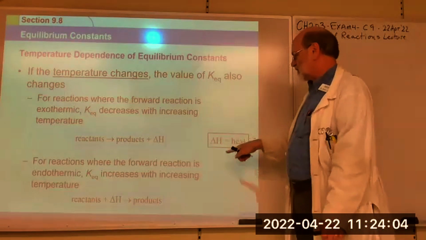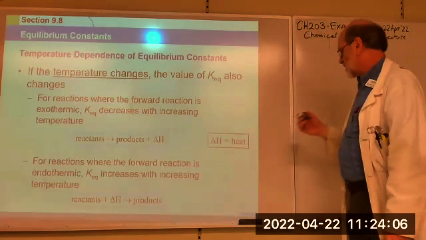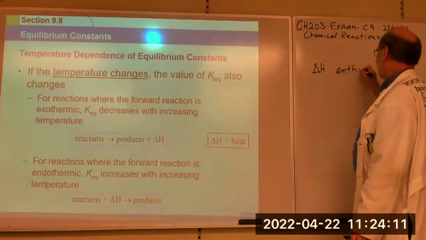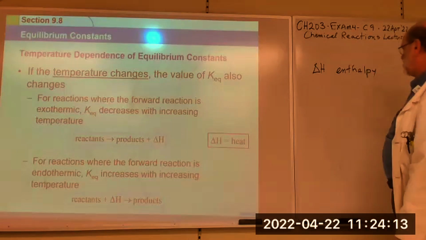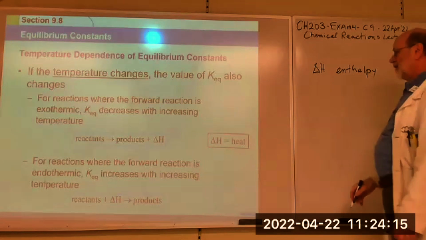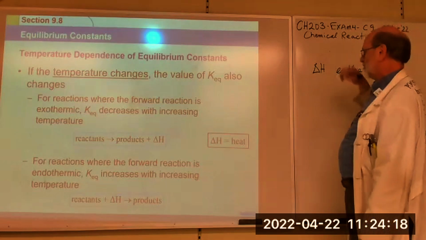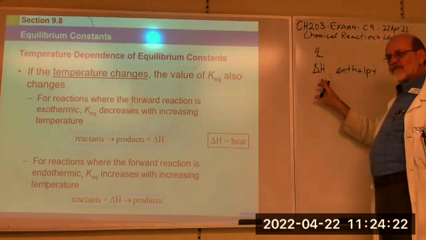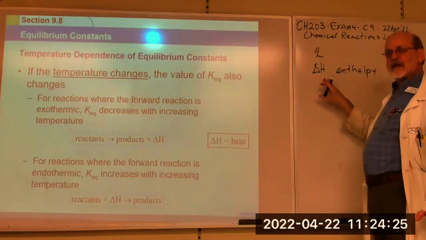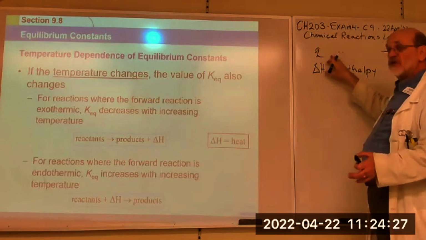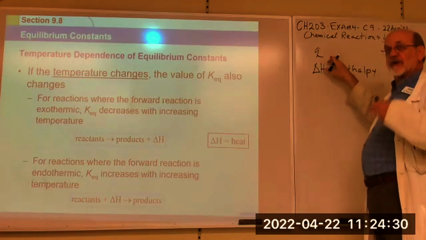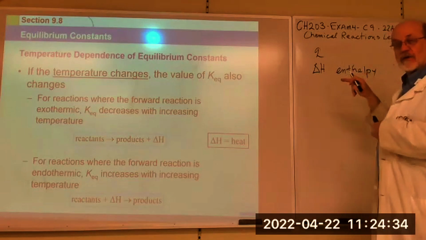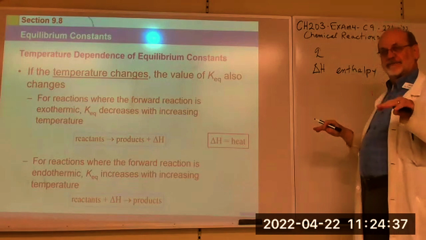Sometimes we use delta H instead of Q. Delta H is a term which stands for enthalpy. And we don't have time to go into the particulars about the difference between the two. Enthalpy is more of a potential of heat for a reaction, whereas Q is the actual heat transferred during a reaction. The only time that these two are actually equal is when there's no change in pressure.